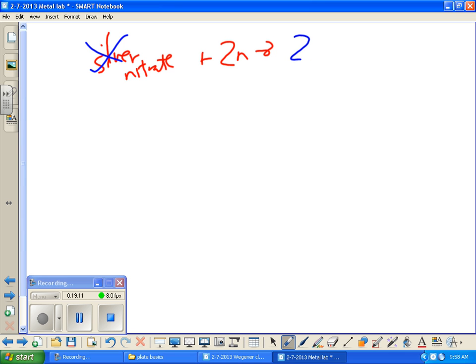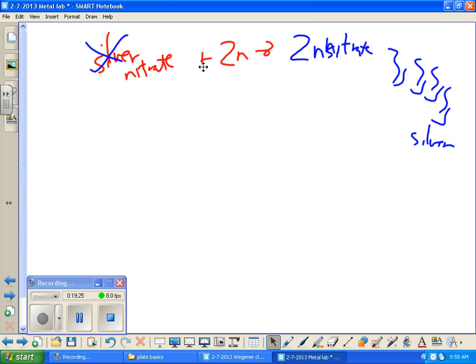The new liquid is zinc nitrate, and these arrows, falling out, is poor silver. Silver got kicked out of the liquid.